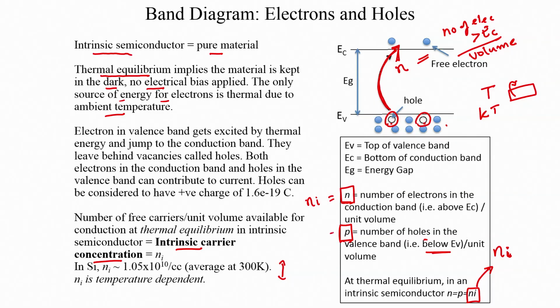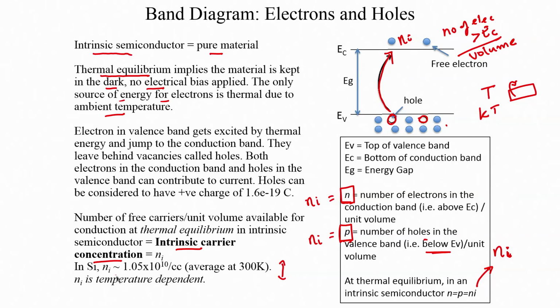And in that case, what would the value of P be? It would also be Ni. And why is that? It's because in such a case it is only the electrons that jumped from the valence band to the conduction band that contributed to Ni, and these electrons would have left behind an equal number of holes in the valence band. Therefore, at thermal equilibrium you will find that N is equal to P is equal to Ni.